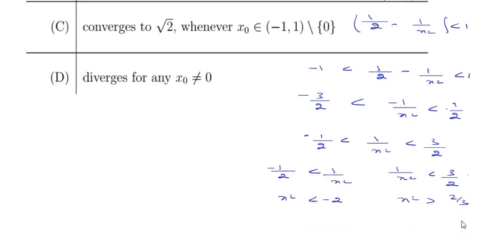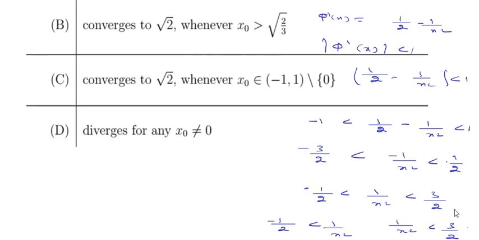So x square is less than minus 2 by 2 and x square is greater than 2 by 3. So we get x greater than root of 2 by 3. So x greater than root of 2 by 3.